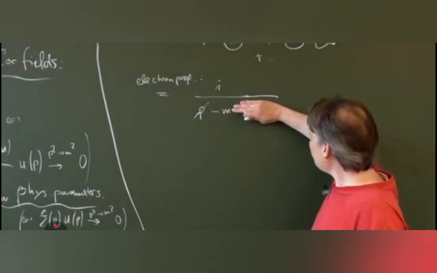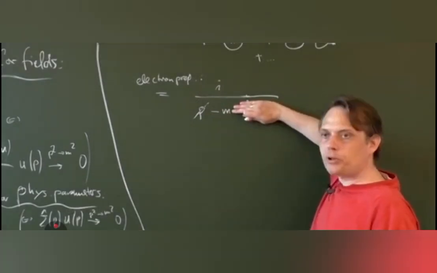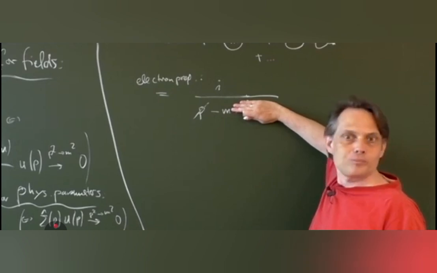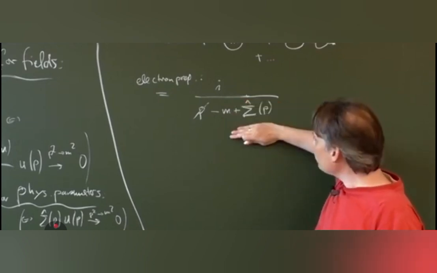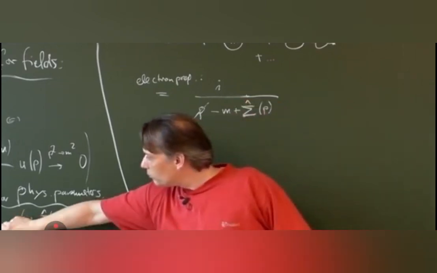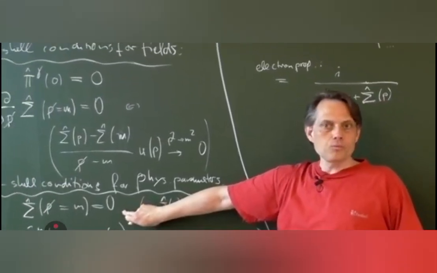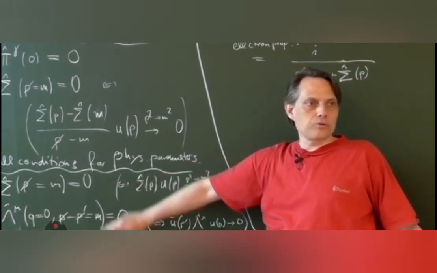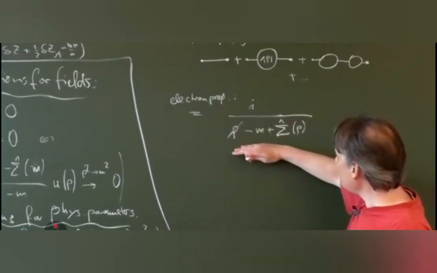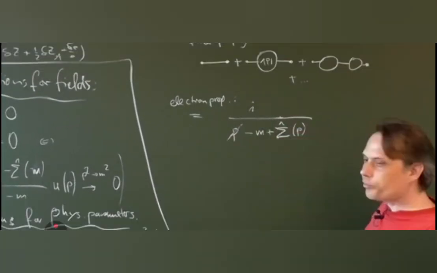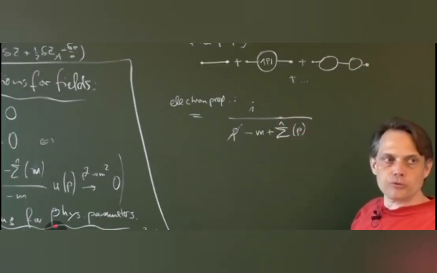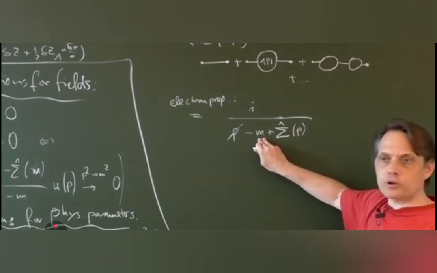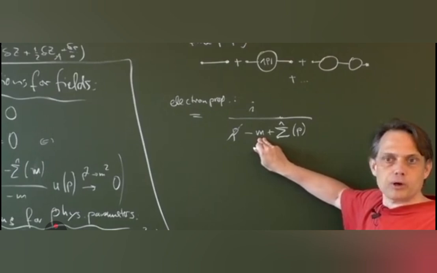At tree level, the pole is at p slash equal m, and therefore the electron mass at tree level is m. Now, at the loop level, we have this condition. Therefore, the pole is the same. There is again a pole at p slash equal to m that is not modified by the self-energy. That means if the pole is at m exactly, then m is exactly the physical mass of the electron.